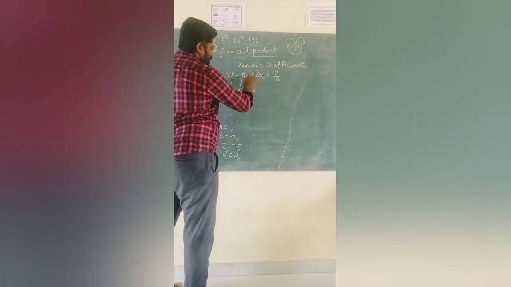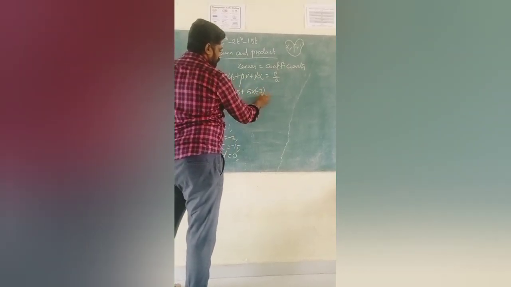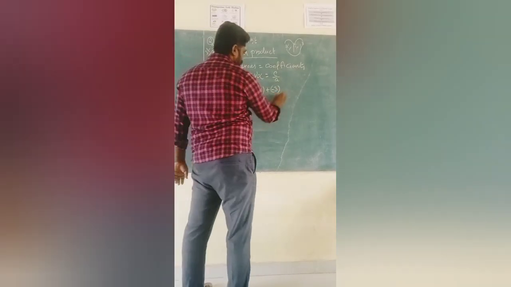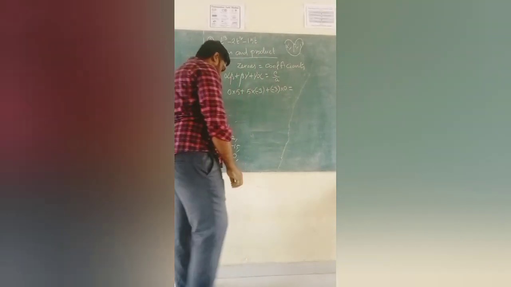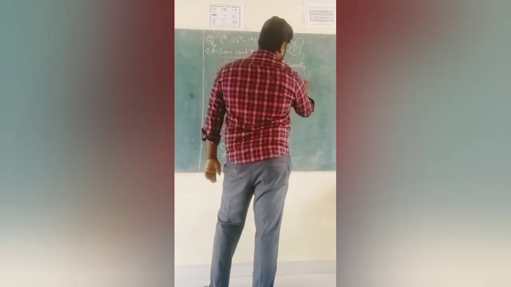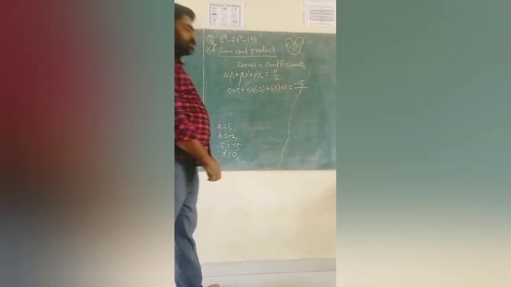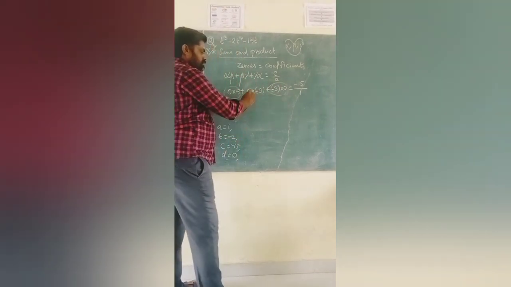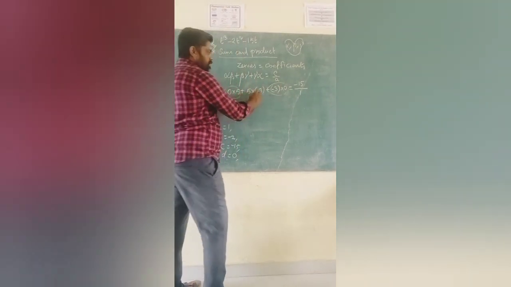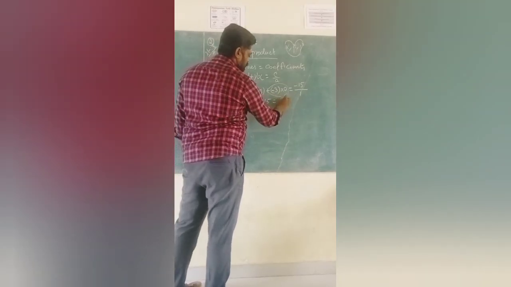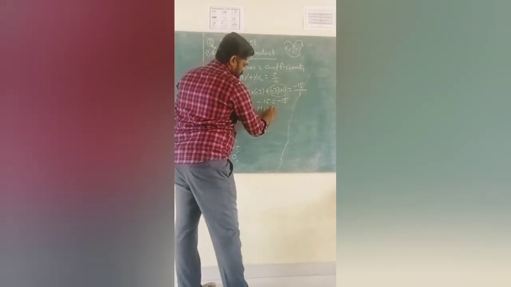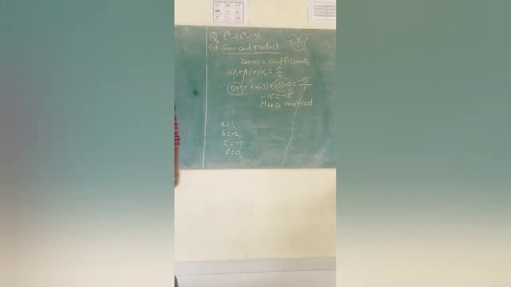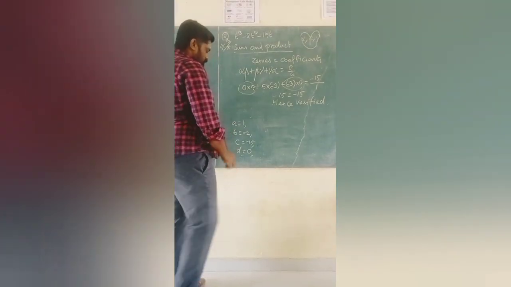So 5 into the gamma value, -3, plus gamma into alpha, -3 times 0. This is equal to the C value, -15, divided by the A value, 1. So this term becomes 0 and this term also becomes 0. So what is the remainder? 5 into -3, which is -15. So it is verified. Hence verified. That's all.